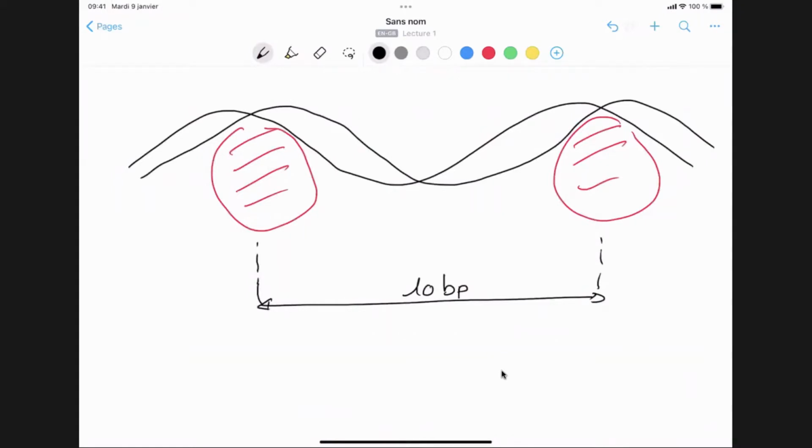So this is between two turns of the DNA. This is one turn. Okay, here we start. We've got half a turn here because the major groove here is at the bottom. Here it's on the top, and here it's at the bottom.